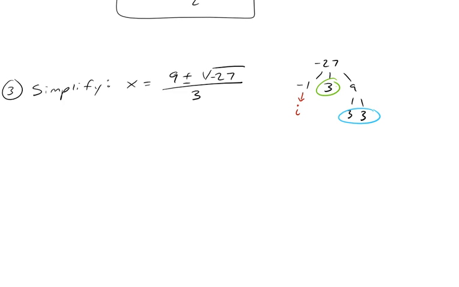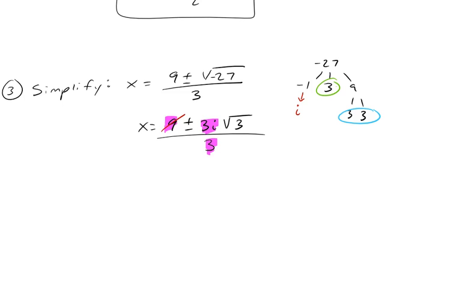So if I write it out, I get x equals 9 plus or minus, the pair comes on the outside, the i goes on the outside, and on the inside is a 3, the single, all divided by 3. So now I need to simplify the 9, the 3i, and the 3. What goes into those three numbers is 3.